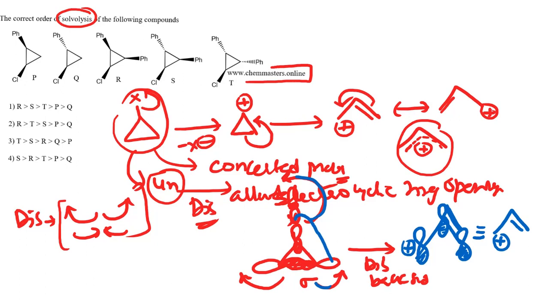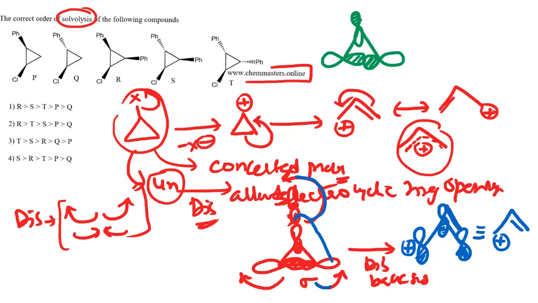Now you can take another possible disrotation, where we make a sigma bond here and the shaded lobe is taken above the plane.